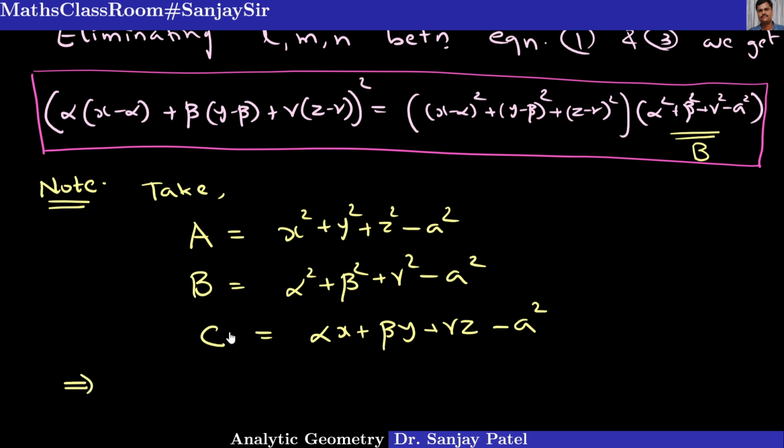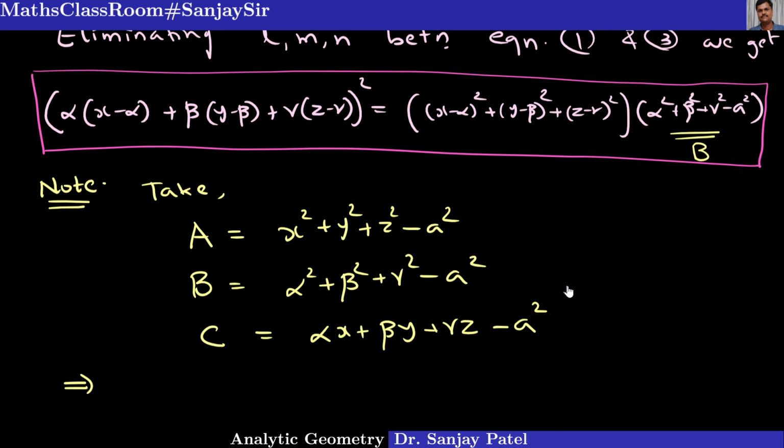If you take C minus B and then square it, what you will get is this thing. Is that fine? What is this? This is C minus B, correct?